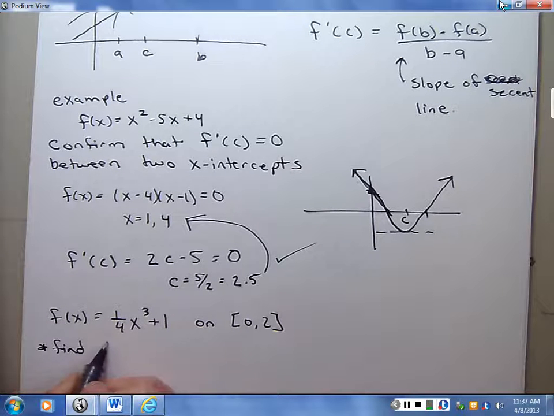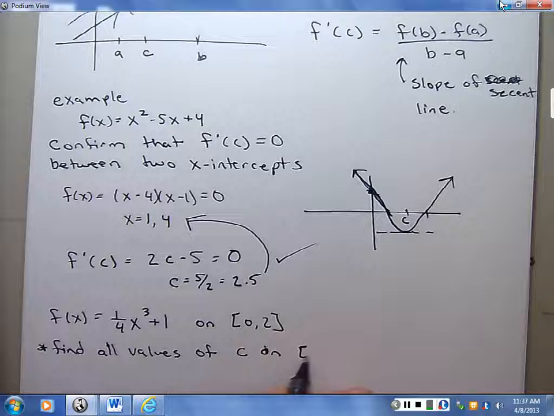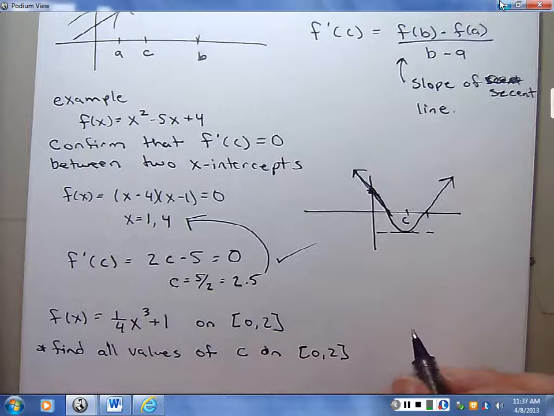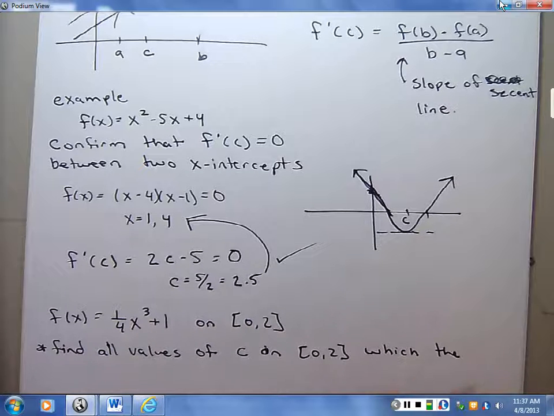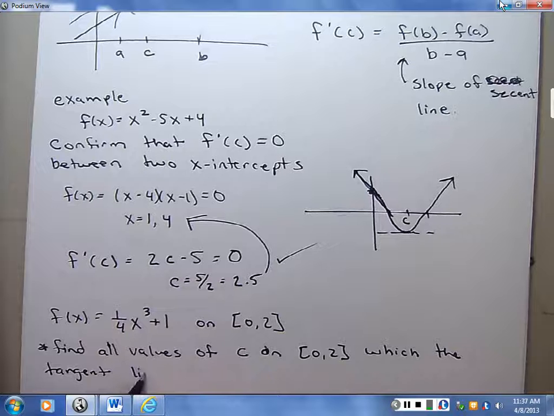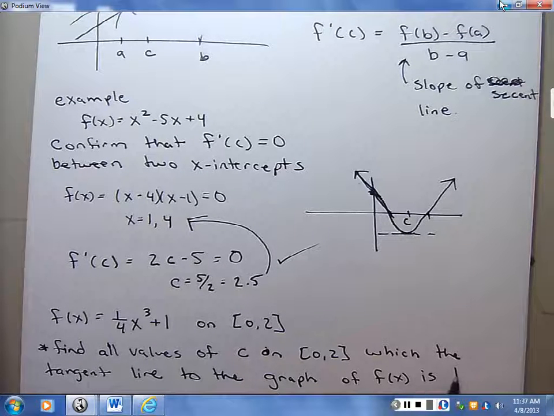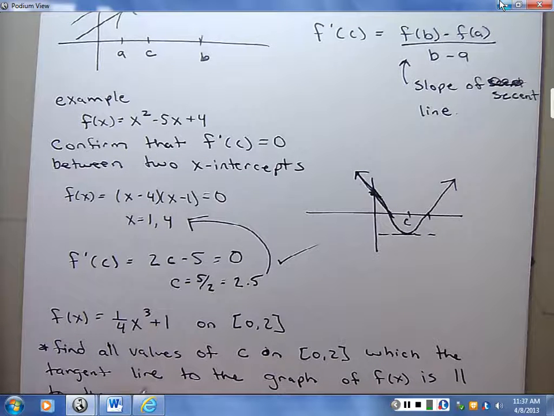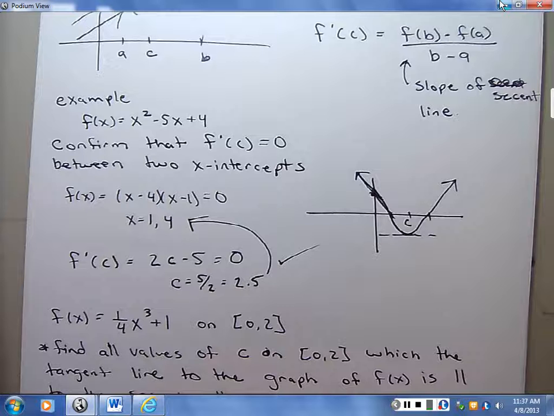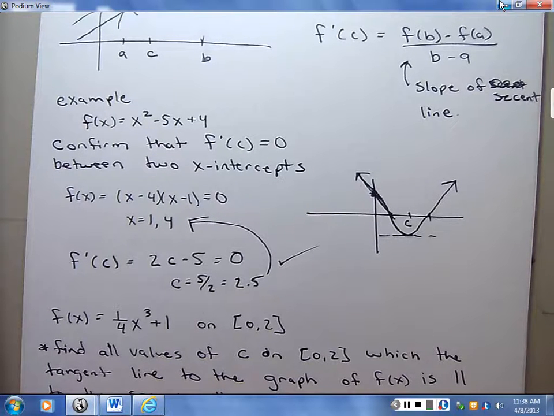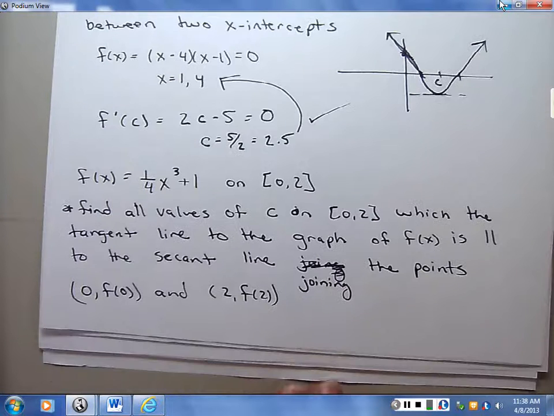So here we're going to find all values of c on 0 to 2 at which the tangent line to the graph of f of x is parallel to the secant line joining the points 0, f of 0 and 2, f of 2. Right, those would be my 2 points.